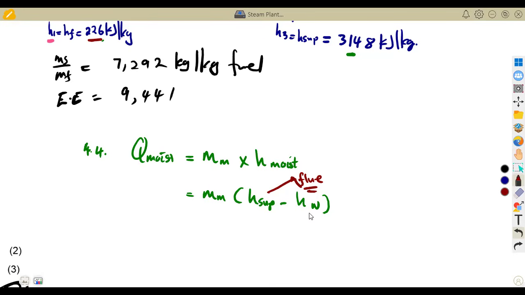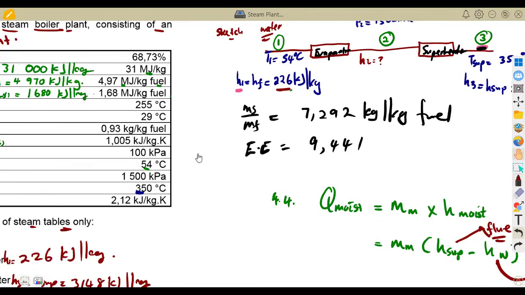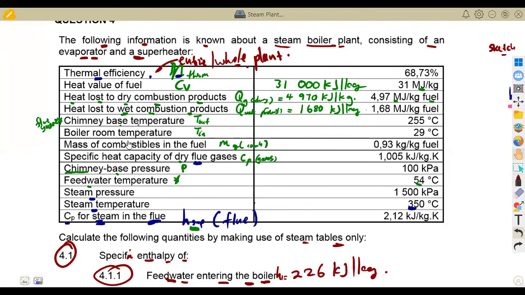And what about this H wet? This is the one operating at room temperature. We are given the boiler room temperature, Tn, is 29 degrees Celsius.